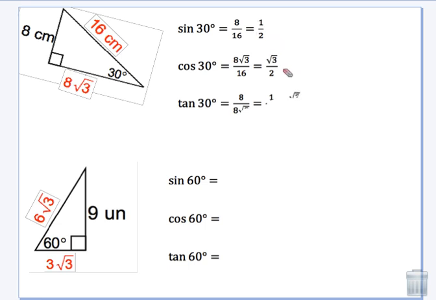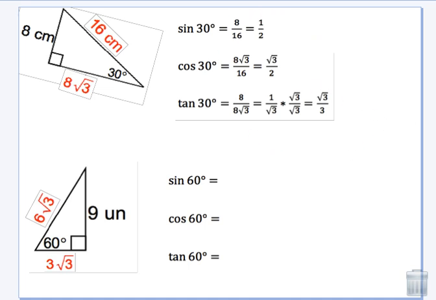So that was just the square root of 3 over 2. And then tangent of 30 degrees would be the opposite over adjacent. So 8 divided by 8 times the square root of 3. And when I do all my math and simplify and get rid of my radical in the denominator, I end up with these values.